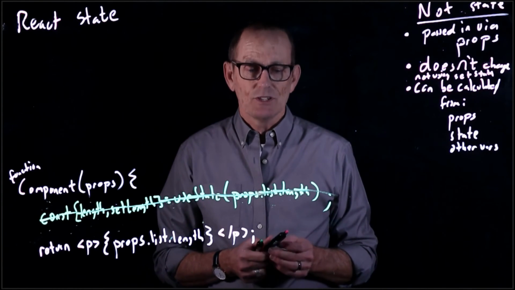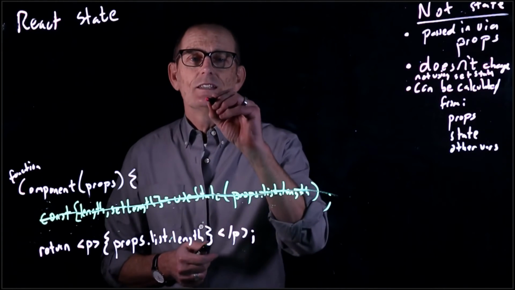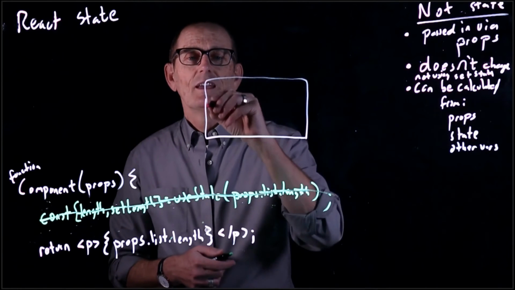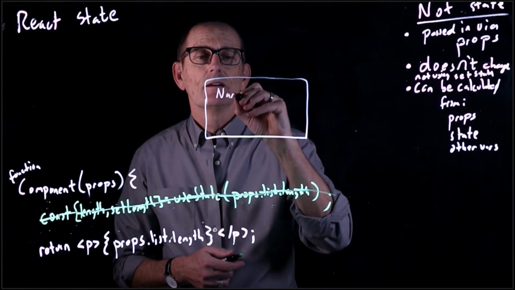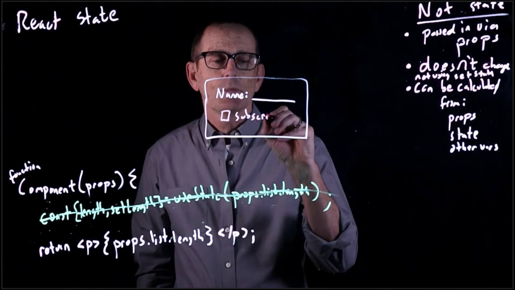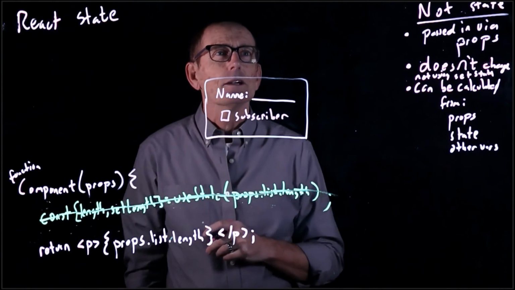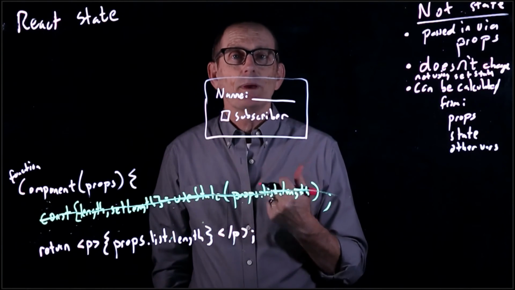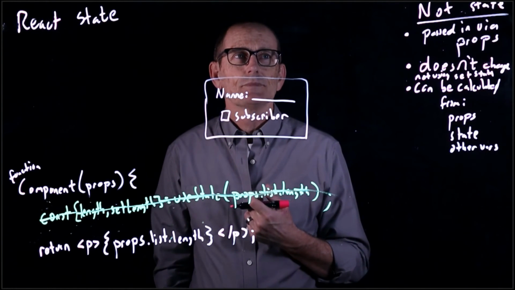And one good example where state information would be used is if you had, let's say, a form, and your form had a name and a checkbox. Here, the name and the checkbox are not passed in as properties.